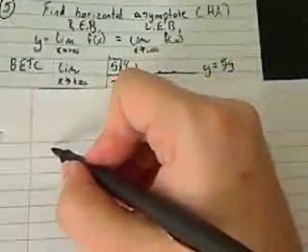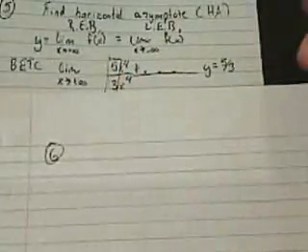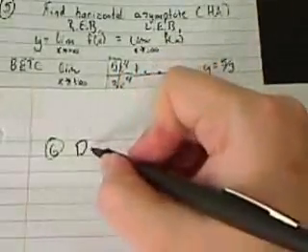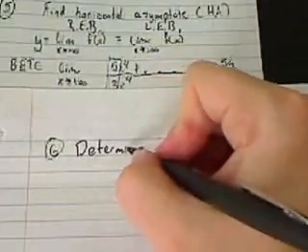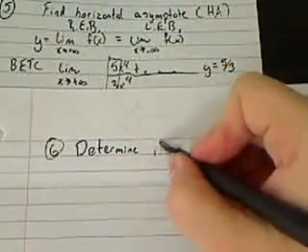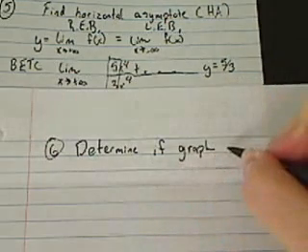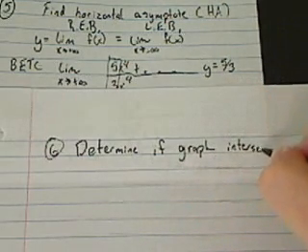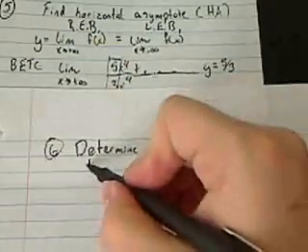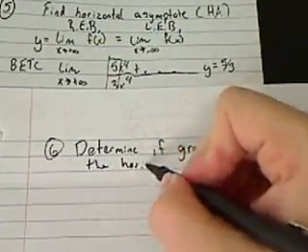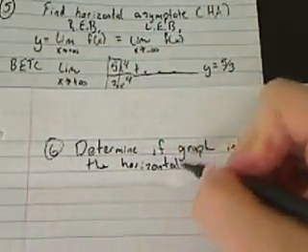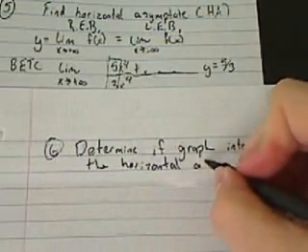So our sixth step that we need to check is we need to determine if the graph ever intersects the horizontal asymptote. Now remember, the horizontal asymptote is only talking about its end behavior.